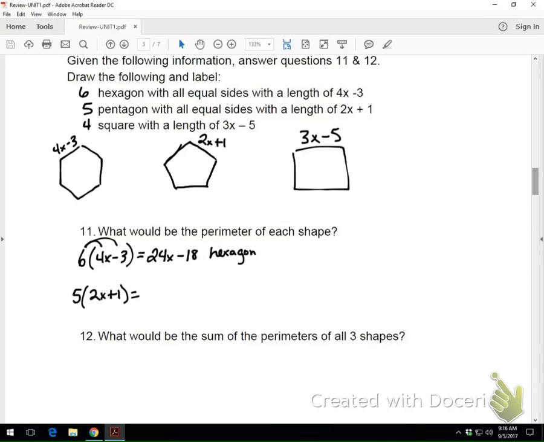So you got 5 times 2x, 10x. 5 times 1, 5. And then for the square, you got 4 times 3x minus 5. So what's 4 times 3x? 12x. What's 4 times negative 5? Negative 20, and that's for the square.